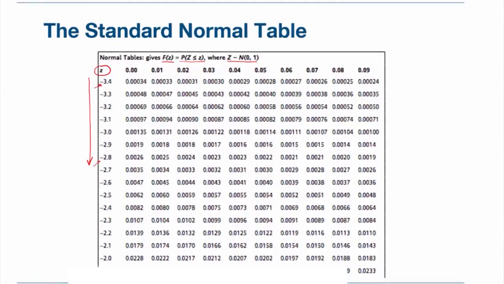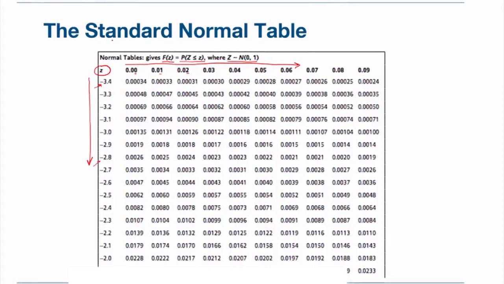In this part of the table we're looking at negative values for z. So your first step is to look for the value of z down the left-hand side of the table, and then you move across the top of the table to look for the second decimal place. So here you would see 0.00, 0.01, 0.02.